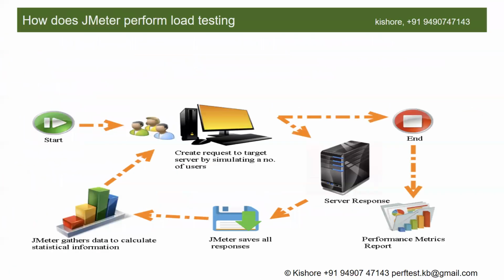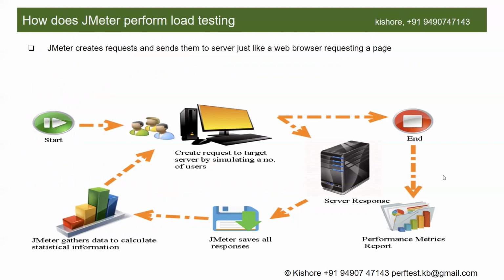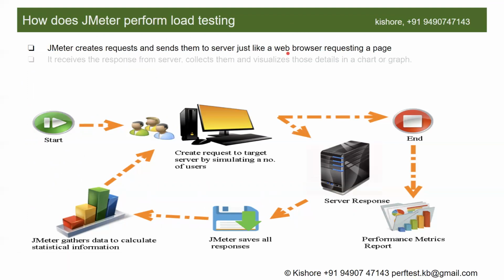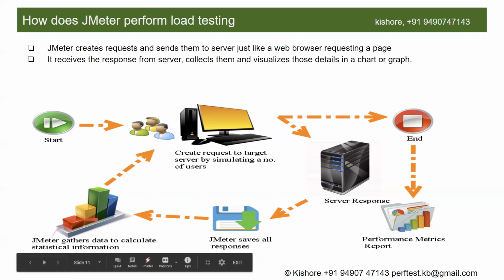And this is how JMeter performs load testing, right? JMeter creates requests and sends them to the server, just like a web browser requesting a page. And it receives the response from the server, collects them, and visualizes those details in a chart or a graph, as you can see here.